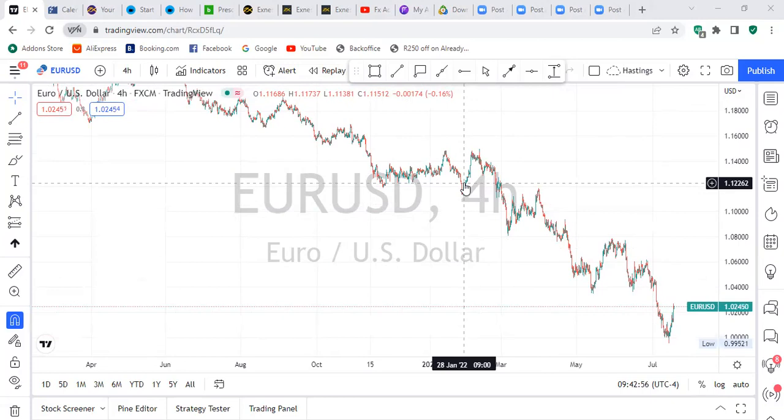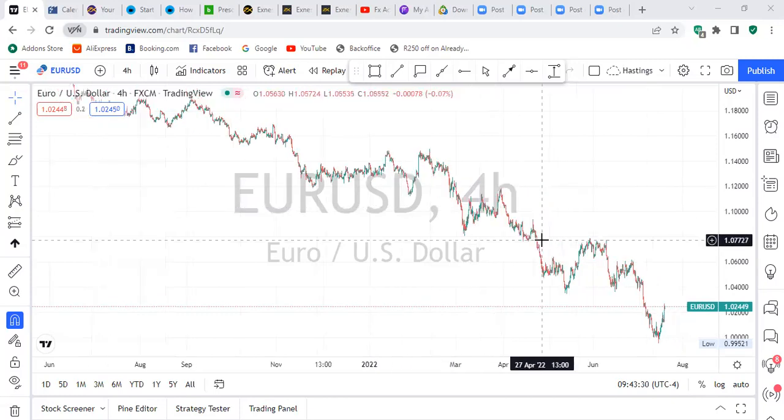When you say support and resistance, every price has got a support and resistance. Just like in a house, the floor is the support and the ceiling is resistance. So whatever goes up to resistance, we expect it to come down to support. If you throw a ball up, you expect it to come down, right? So we will be dealing with a strategy called support and resistance.